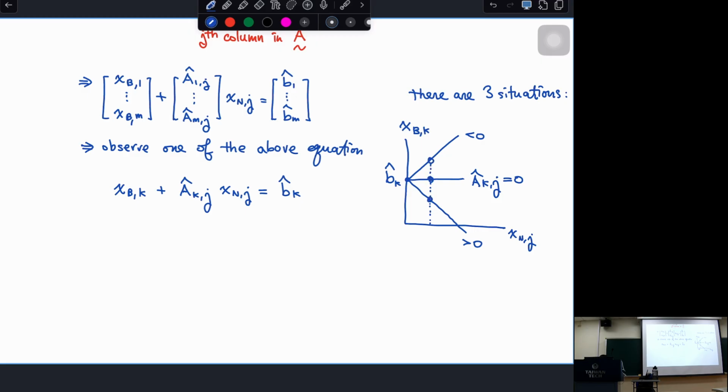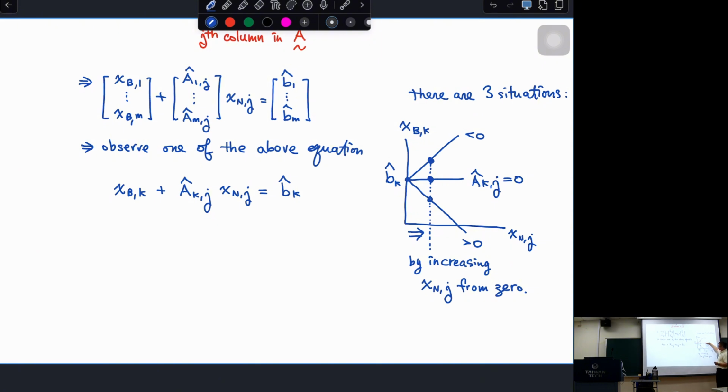So by increasing x_nj from 0. Earlier we said we want to increase x_nj. It was originally 0. Now when we increase, because we have to satisfy this linear equation, there could be three situations. The coefficient right here could be 0, positive or negative.